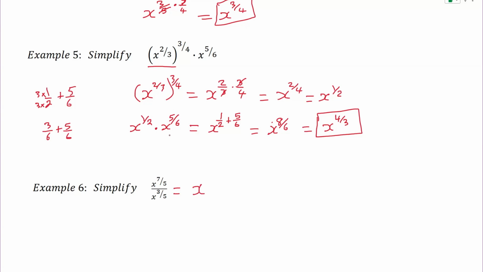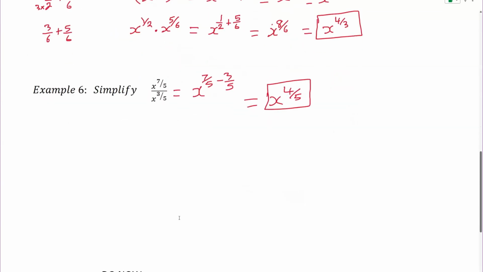So this is going to be x to the 7/5 minus 3/5. And so the denominators are the same, so you just subtract the numerators. And so 3 from 7 leaves 4 over 5. And that would be the answer to this problem. All right, so below I have some for you to try, so good luck.